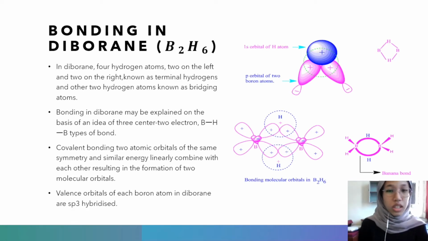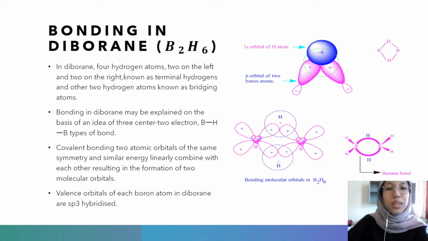The diborane molecule consists of 4 hydrogen atoms, 2 on the left and 2 on the right side, each side forming BH2 groups, and another 2 hydrogen atoms known as bridging atoms involved in formation of BHB bridging bonds.